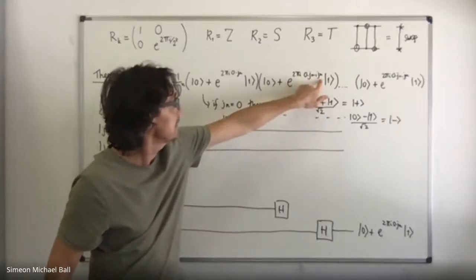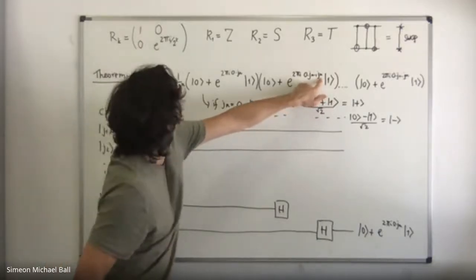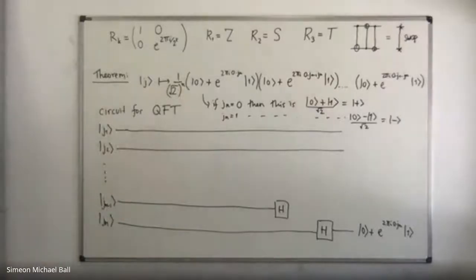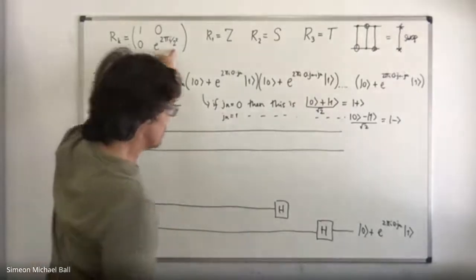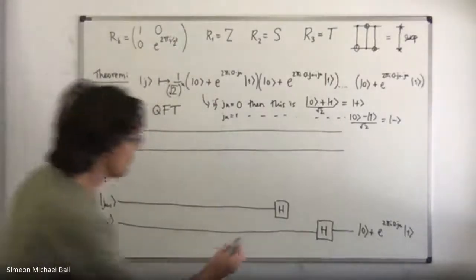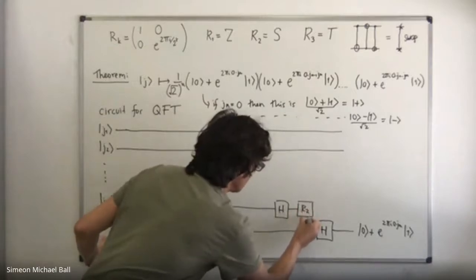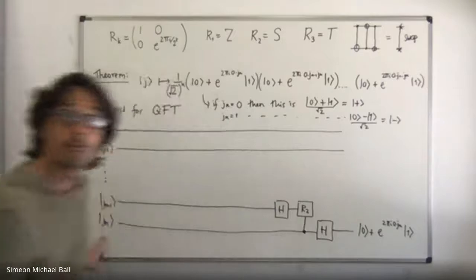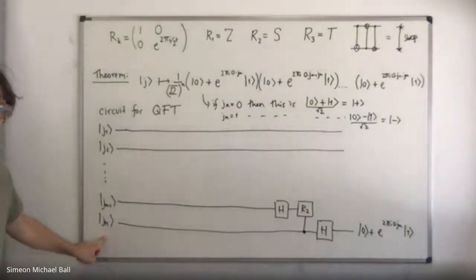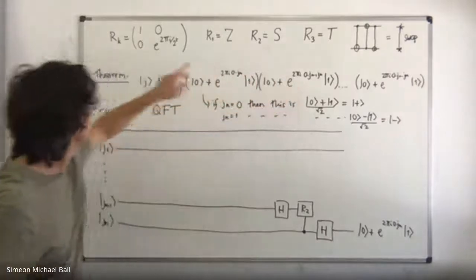So how do we get this jn? So this will be jn divided by 4 here. So that will be an R2 here. So I need to get an R2 coming from the jn so that we can do a controlled R2 from our qubit, which will then apply this R2.